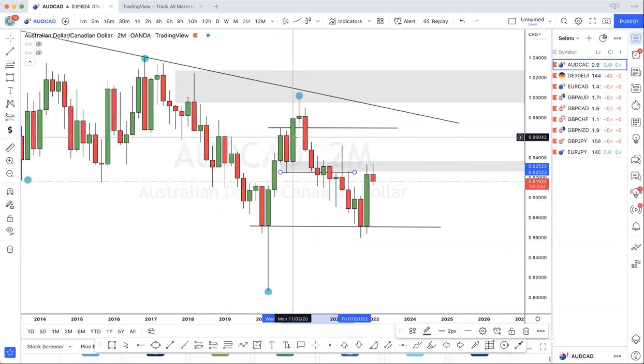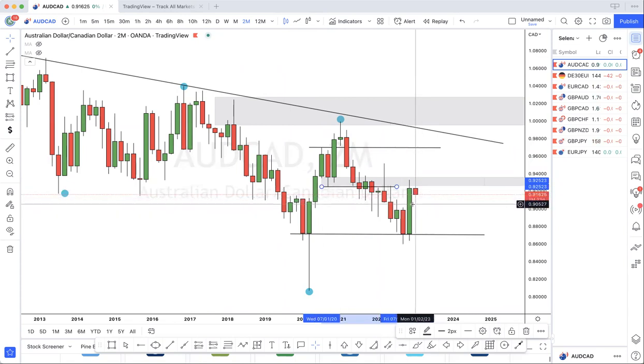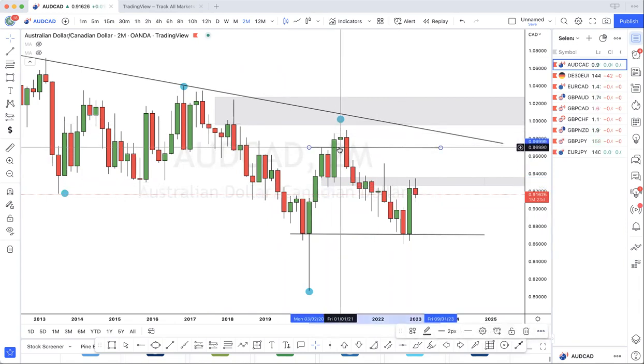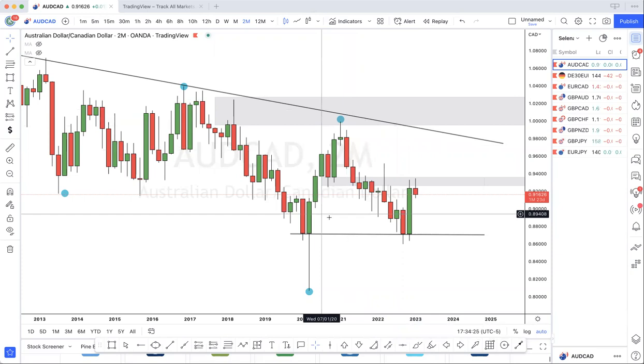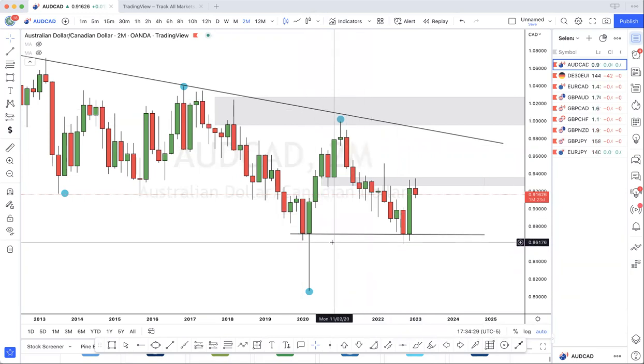All right, any other questions before I move forward? Okay, so with that being said, we are probably looking for buys at this point, but I'm going to take all the lines away except for the trend line, and I'll leave this here.